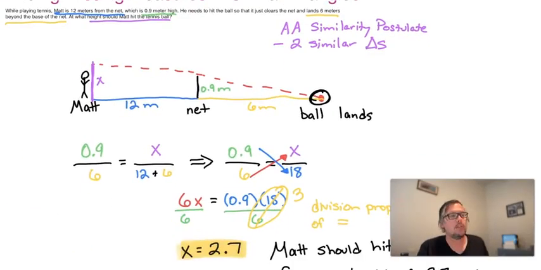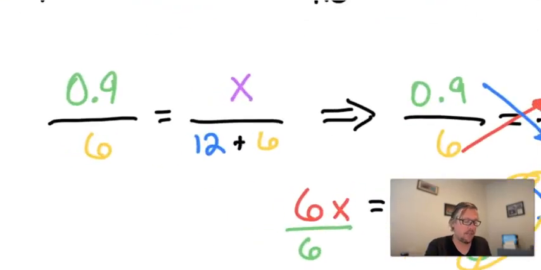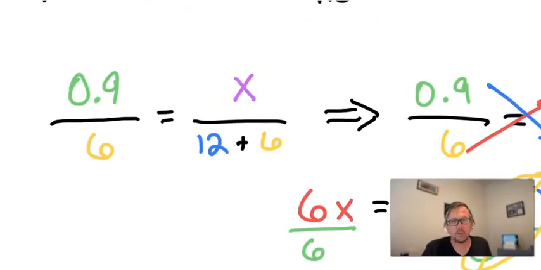So we knew they were similar triangles. And if they are similar triangles, that means their sides are proportional. So we were able to set up this proportion using the side lengths of the triangle. And once we had that proportion set up, it was a simple matter of doing cross multiplication and division to figure out what our missing side was.